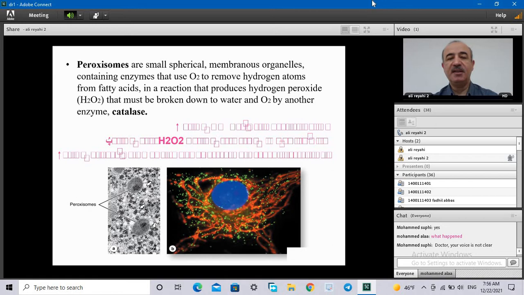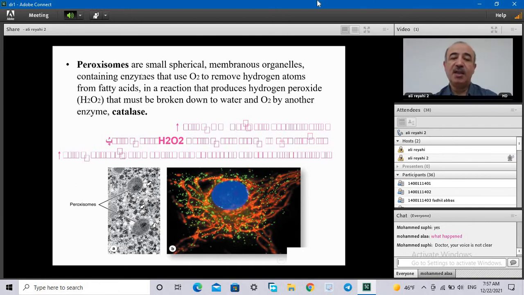Another organelle within the cytoplasm is called peroxisome. Peroxisomes are very small, spherical, membrane limited organelles, okay, or membranous organelles. In the past, we called the peroxisome a microbody because it is very small.